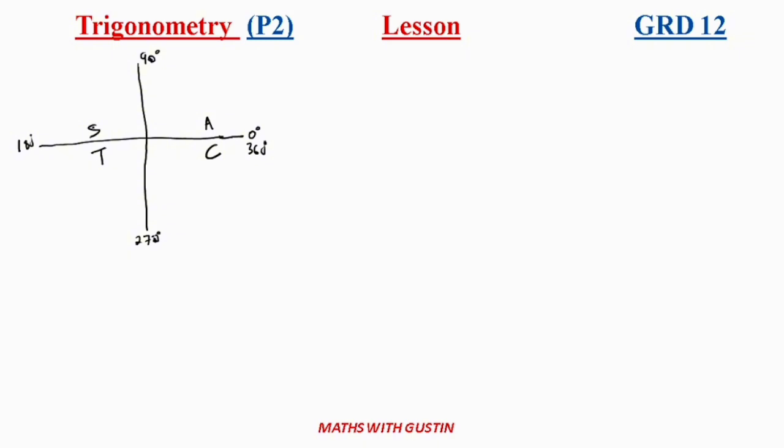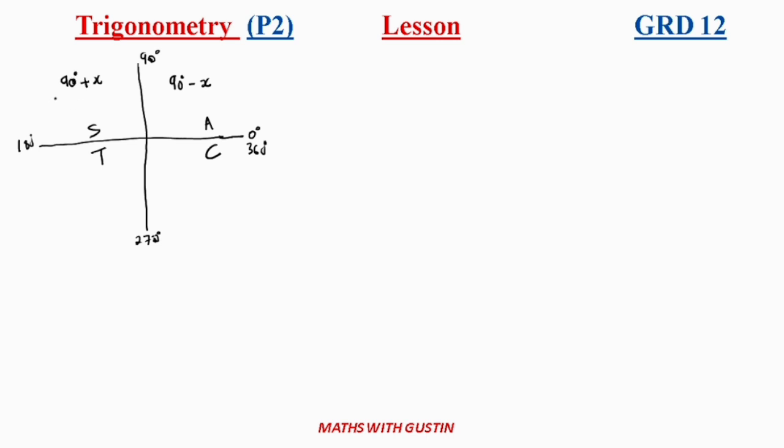Sine is positive on the second quadrant, and then on the third quadrant, tan is positive. So now this is what you do. You're going to have 90 minus. When you go above 90, you're going to have 90 plus, because now you have gone above 90.